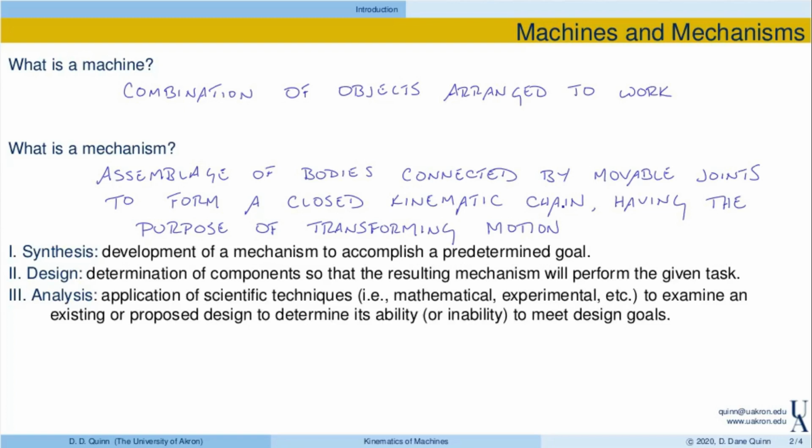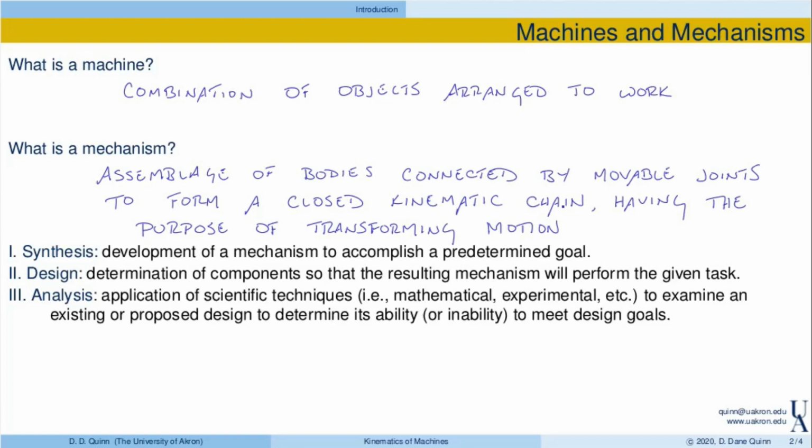It's picking the specific components, maybe link lengths, radii, the overall configuration of the mechanism that we want to design. And then the last step is analysis. So that's the application of scientific techniques, and they could be mathematical. You could run experimental trials, you could do computational work, but we'll apply those techniques to examine the performance of the design that we've come up with. So we want to ask, how well does our design meet the goals?